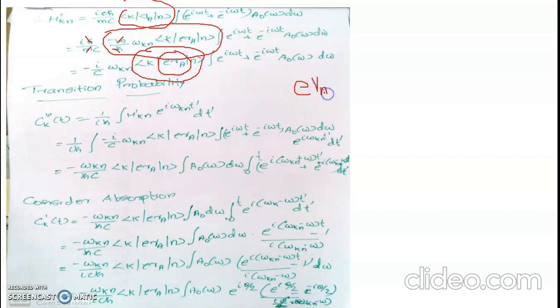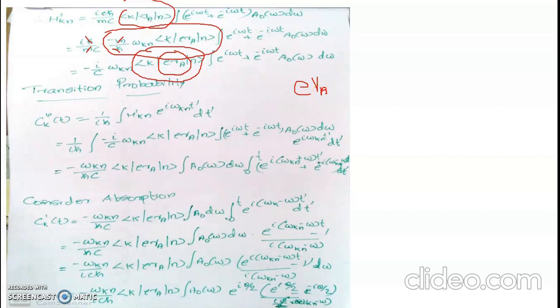Where E has nothing much to talk about, it is the charge of the electron, or it is the charge of the entity that actually undergoes a transition from one of its permitted initial states to another permitted final state. And RA is the component of the position vector of this electron that actually undergoes a transition along the direction of the vector potential, which is the driving force for this transition.